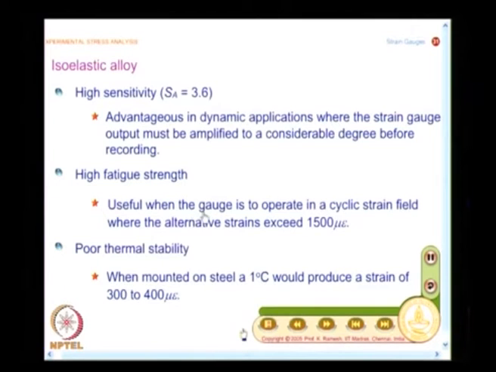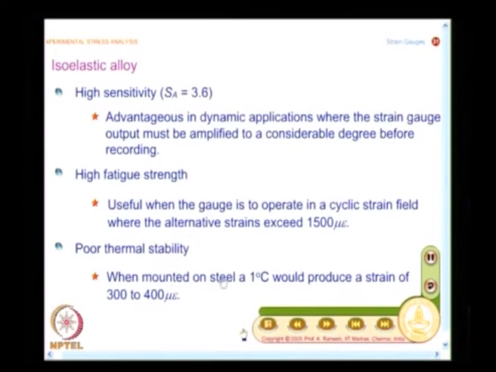You have applications where you have to certify for good fatigue life, and it should have high fatigue strength, and so on and so forth. One of the disadvantages of isoelastic alloy is poor thermal stability.